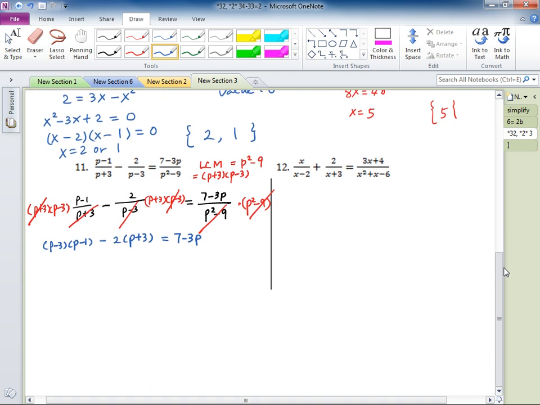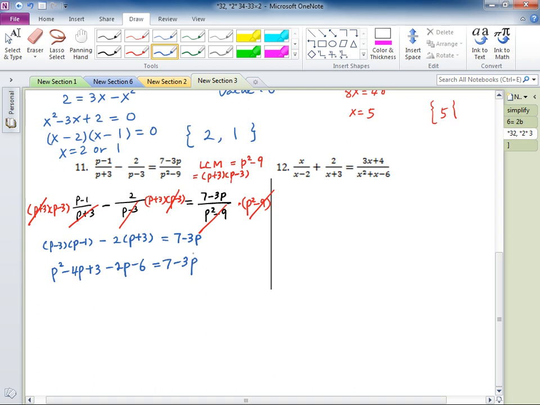And continue working with the distributive property twice here, right? So we have the FOIL method. Square, p squared. Outer and inner together make negative 4p, and last plus 3, and the distributive property gives negative 2p minus 6, which equals 7 minus 3p.